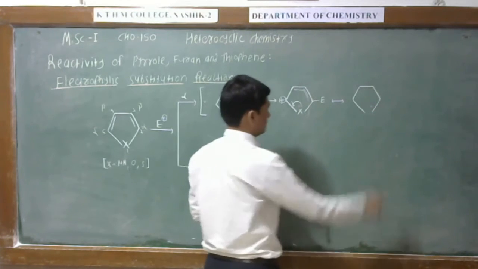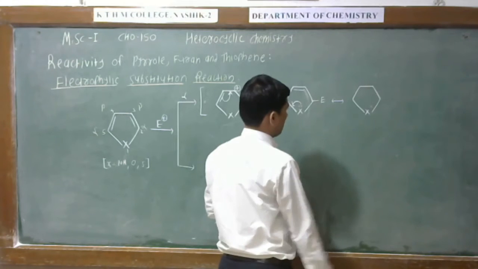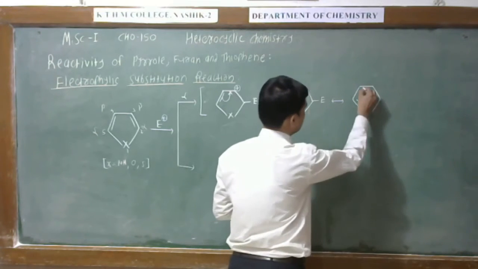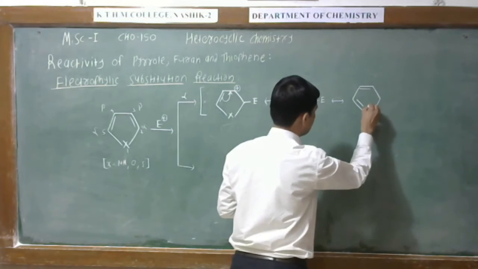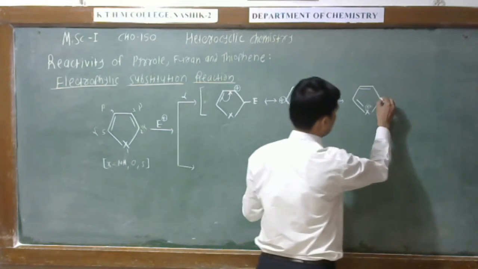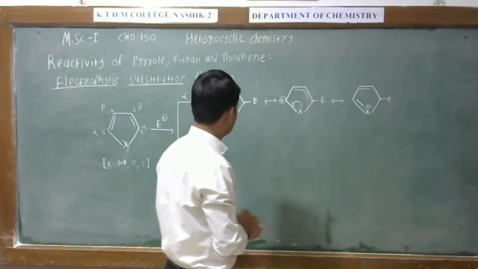This is X, here is a double bond, here is again a double bond, this is the positive charge on the heteroatom, and this is the electrophile. These are the three structures.